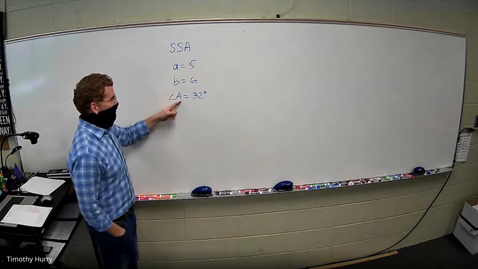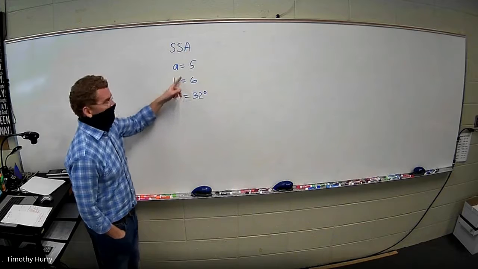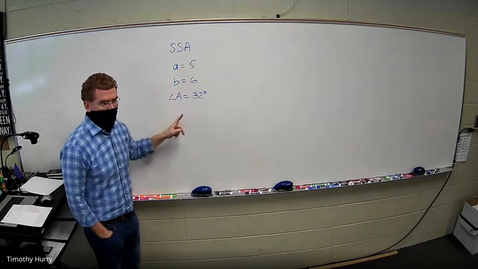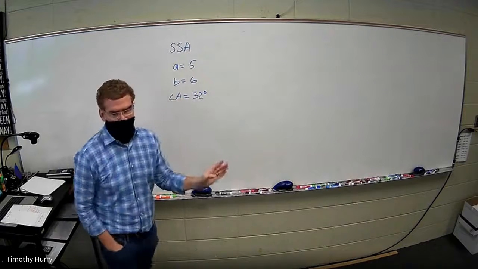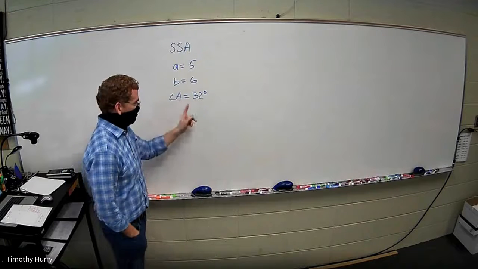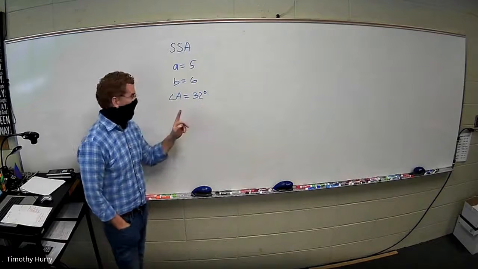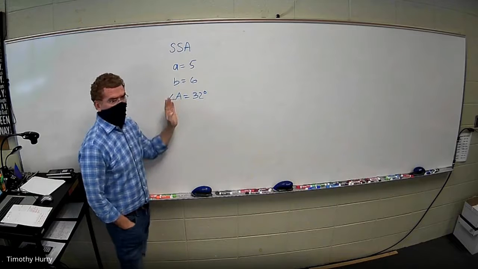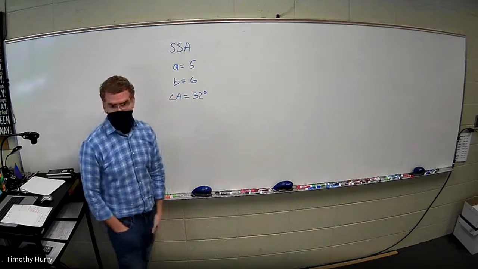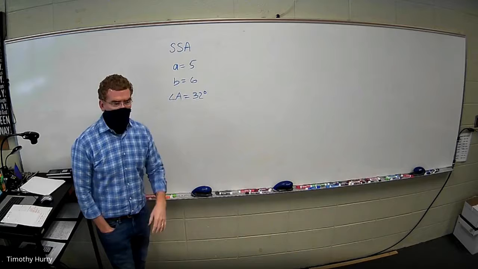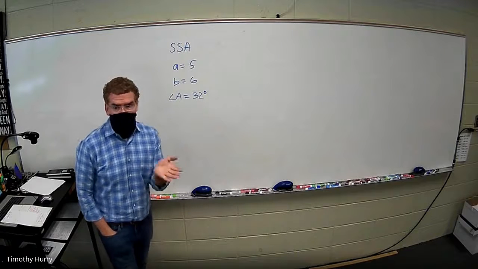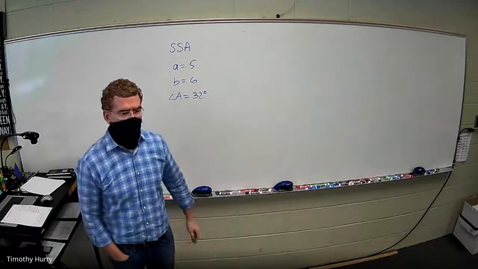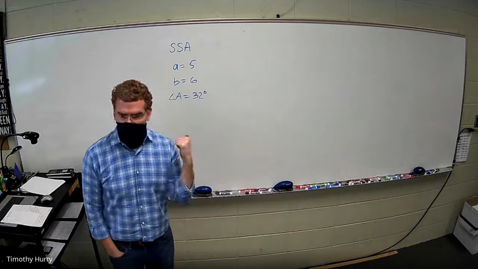It's bigger than 32 because b is bigger than a. And bigger than 32 could be anywhere from 33 to 180, right? Well, technically not 180 because we've already got 32 accounted for. Anything from 32.1 all the way through 148, ish. So if that's the case, it could be obtuse. Oof. Then that's an ambiguous situation.